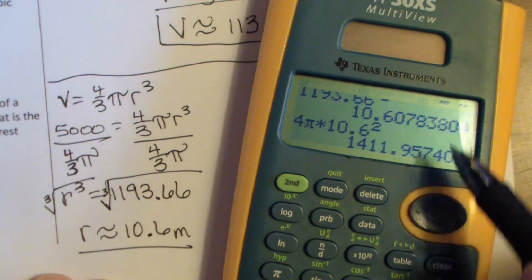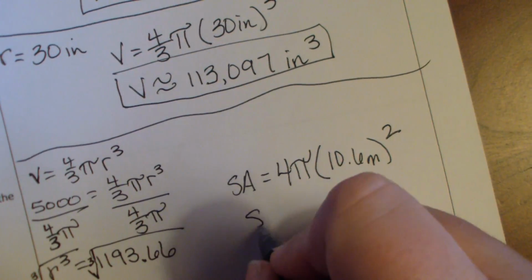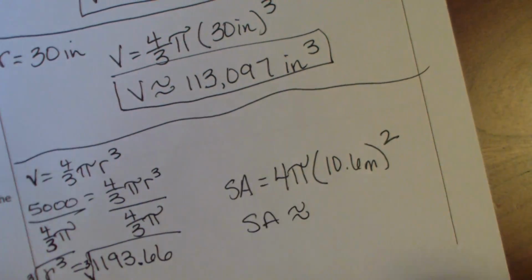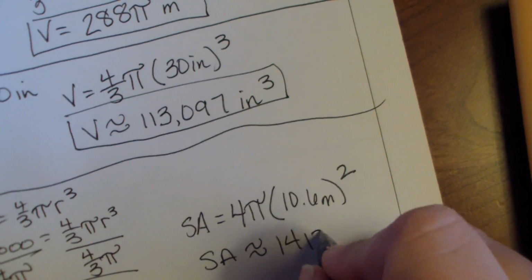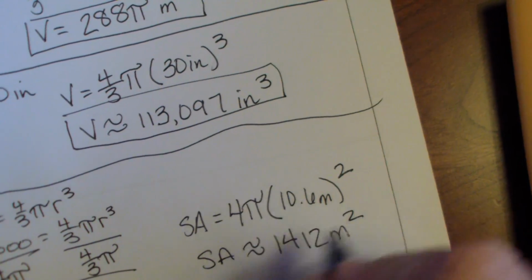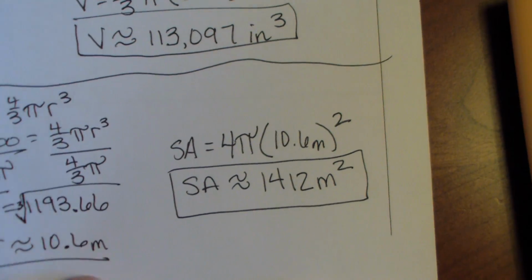To the nearest square meter, we'd round that up to 1412. So our surface area is approximately 1,412 meters squared. So there you go.